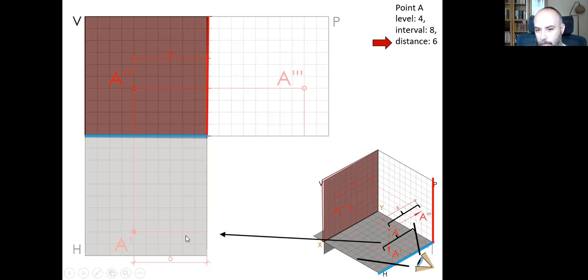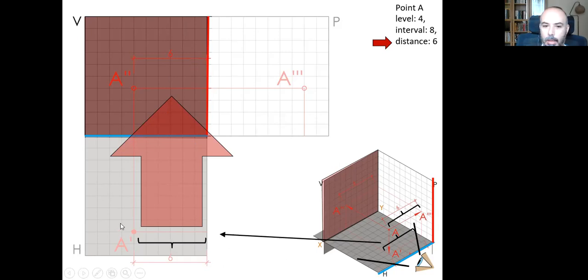I have already done this. I just need to carry this distance, this length up to the vertical projection plane. This is what I need to do. I need to carry this line upwards, towards V.